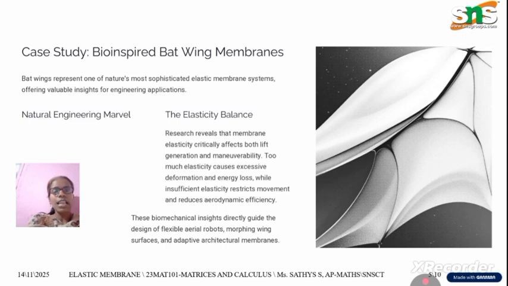Research reveals that membrane elasticity critically affects both lift generation and maneuverability. Too much elasticity causes excessive deformation and energy loss, while insufficient elasticity restricts movement and reduces aerodynamic efficiency.